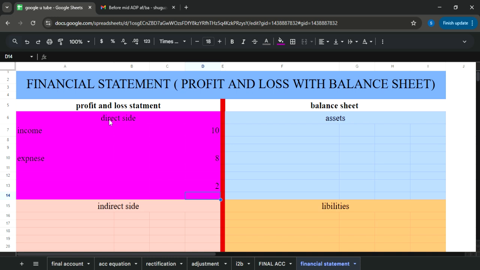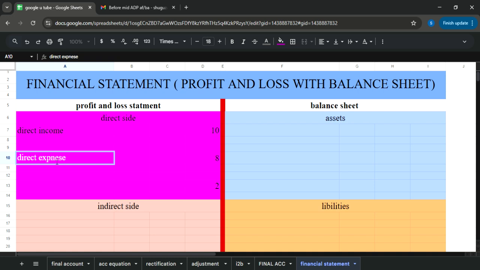Now why the direct side? It means you will write all of your direct income earned directly from your business. So here you will mention your direct income, and beside this you will mention your direct expenses.